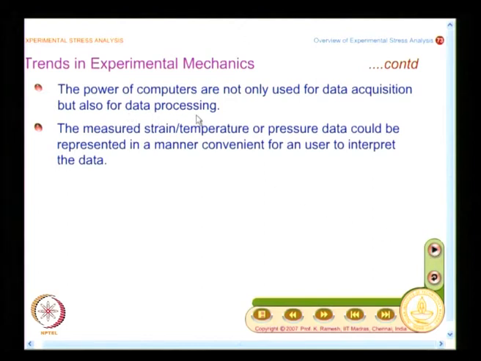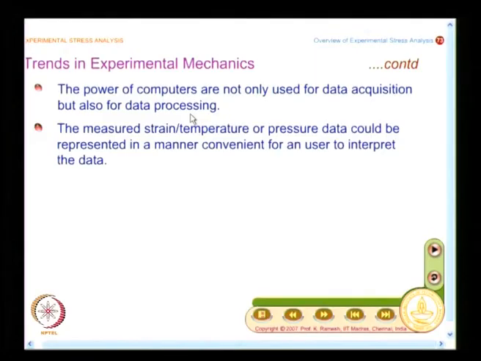Data processing is now very fast. For example, with double exposure techniques, you can make it appear more like real time when you do computer processing, because computers are very fast in handling large scale images. This is not the only advantage. If you look at thermoelastic stress analysis, or digital image correlation, you can post process the measured data, temperature, strain or pressure, and represent it in a manner convenient for a user to interpret.